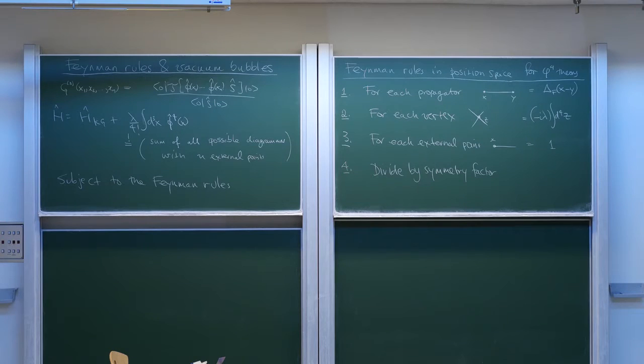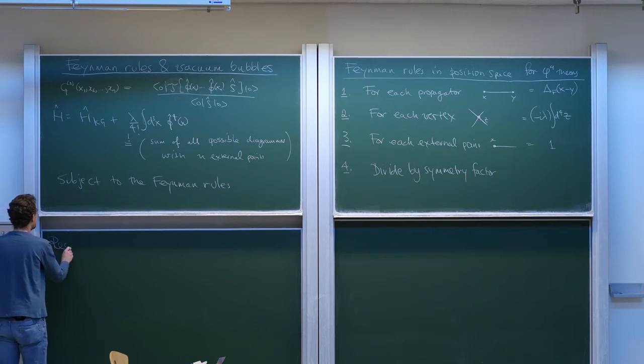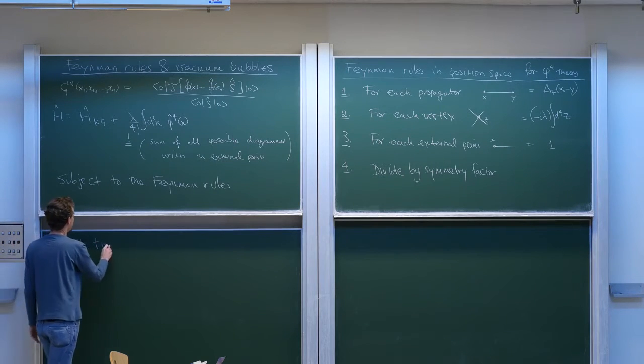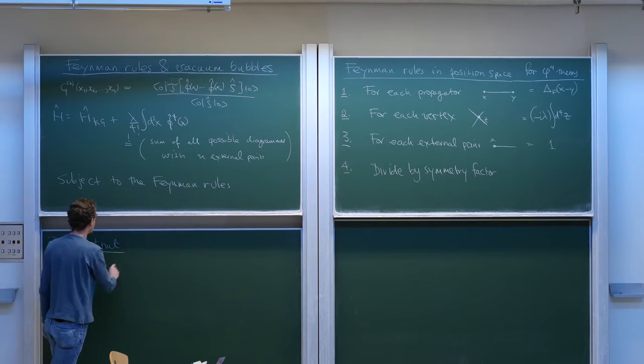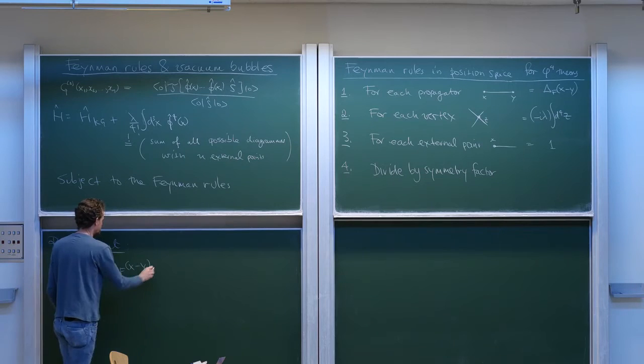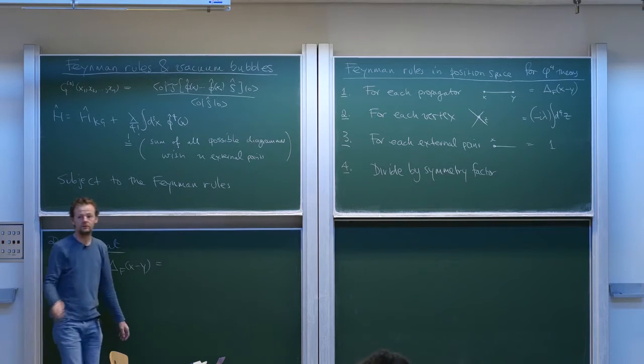Now, I've done the Feynman rules in position space, but it turns out you can do everything in momentum space if you want. There's nothing that stops you from expressing things in terms of momentum space. So this Feynman propagator has an expression.